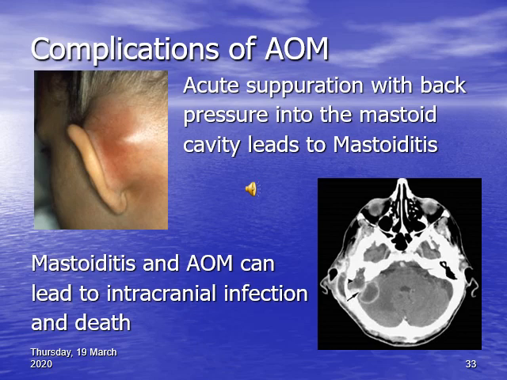We have the brain, we have inner ear structures, we have the sigmoid sinus, and the meninges. So when complications arise, we have to take this condition seriously because the complications of acute otitis media or middle ear suppuration carry a high mortality.